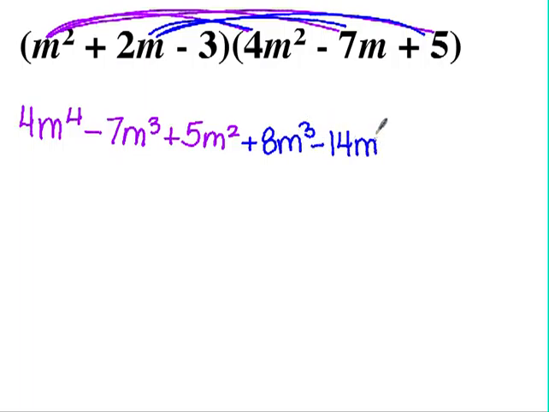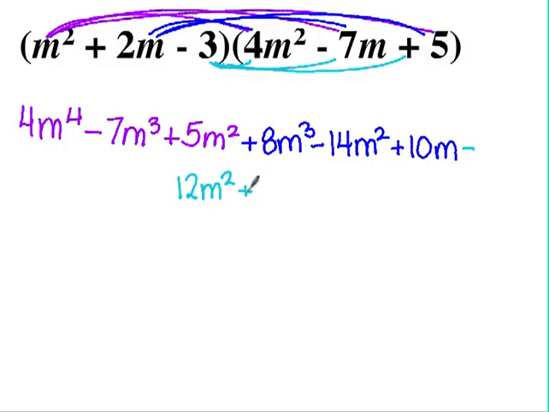Keep going. 10m. Okay, this group here, you've got the negative 3. So, negative 12m squared, positive 21m, and then negative 15.